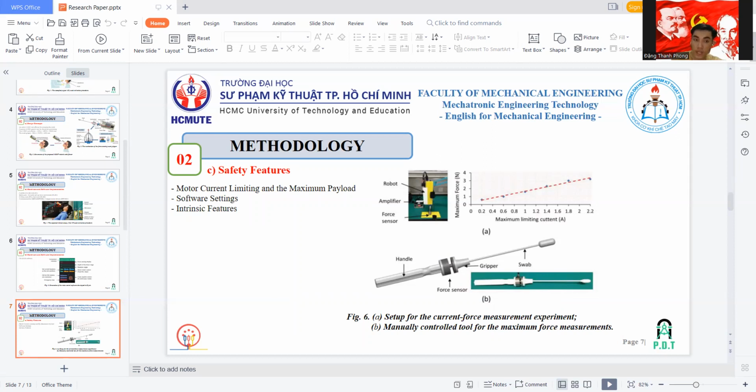Software setting: a watchdog between the microcontroller and the Blynk software. Finally, intrinsic feature. The lightweight design intrinsically reduces the risk when using the robot because the patient can easily move the robot away by pushing the passive arm.